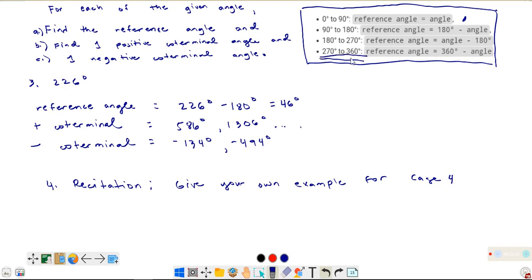Ito, yung 270 to 360 degrees. Kayo yung magsosolve by yourself. And you are going to make a video of it. Ibibigay ko yung rubrics natin dun sa mismong classroom.